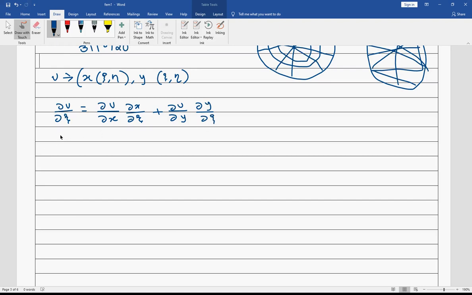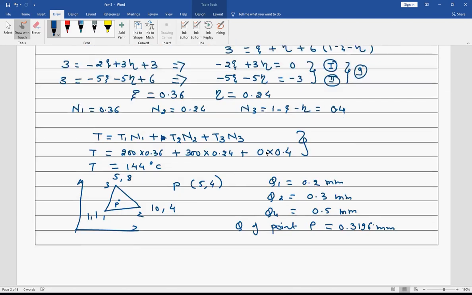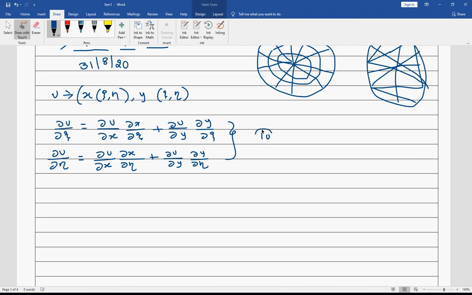Similarly I can write down delta u by delta eta equals delta u by delta x, delta x by delta eta, plus delta u by delta y and delta y by delta eta. So this is the equation I got. I will go with equation number 9, and this is 10. So this is my equation number 10.